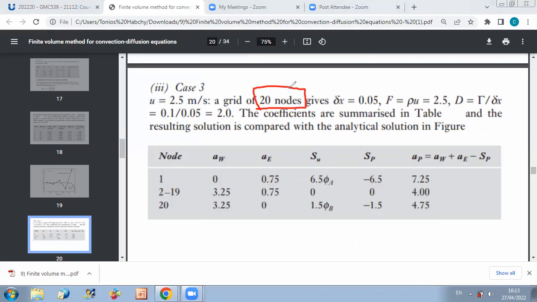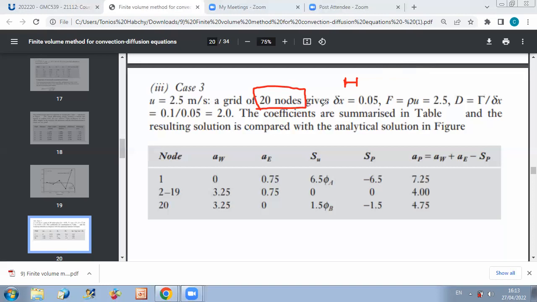Why? Because when you take smaller distances, then the Peclet number will be reduced, even if you have the same u. Now we'll see together what the Peclet number is and how we can justify that for a small value of the Peclet number the central difference scheme will work well, while for a larger value, it will not work well.